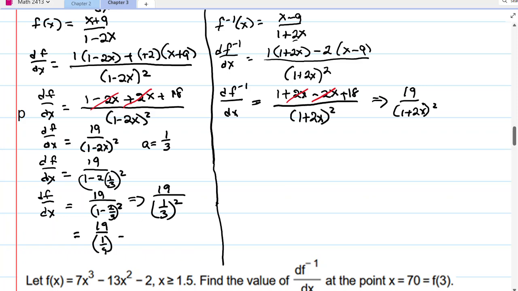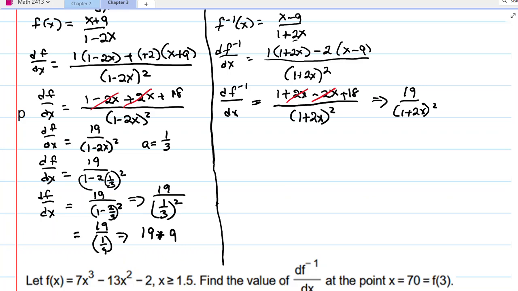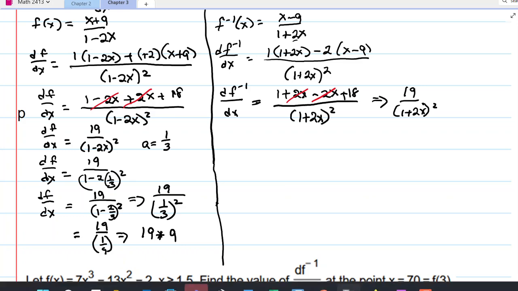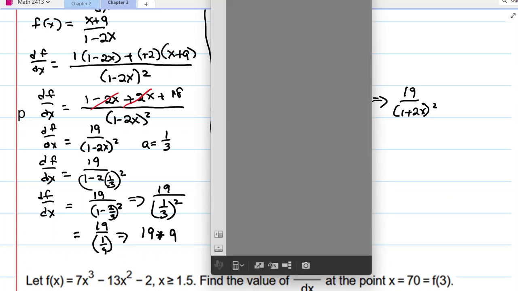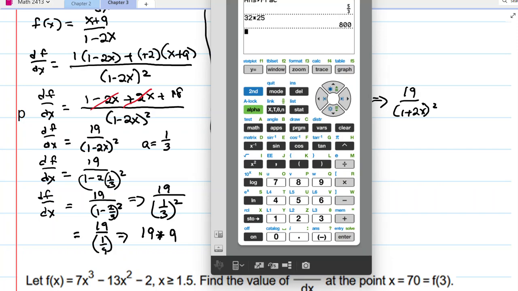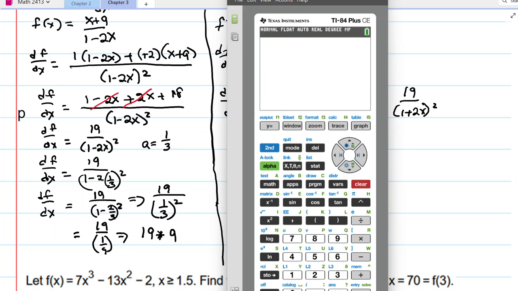Well, this is a complex fraction, so it's going to be 19 times the 9. I didn't put my calculator out. Sorry. So I'm going to have the 19 times the 9.